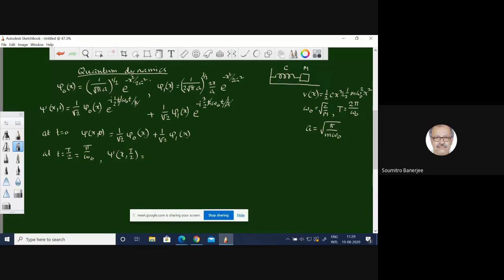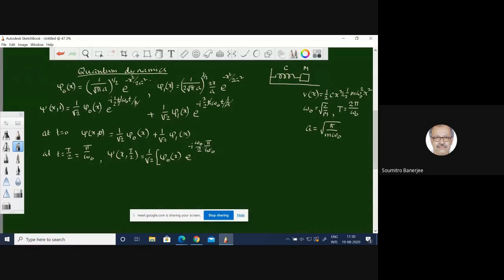What will it be? Now, if you put t by 2 there, it will substitute there, and then it becomes 1 by root 2 [psi naught x e to the power minus i omega naught by 2 pi by omega naught].